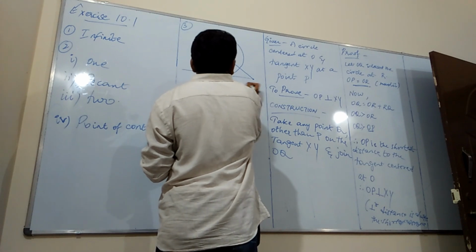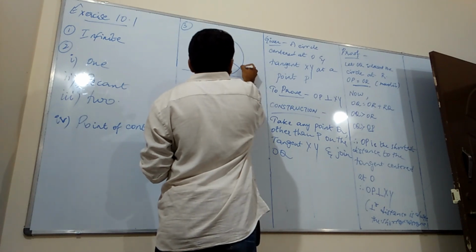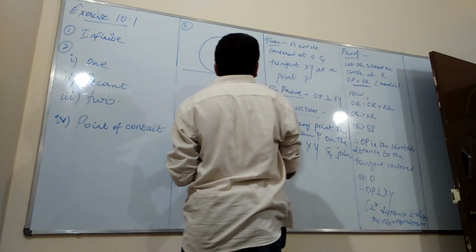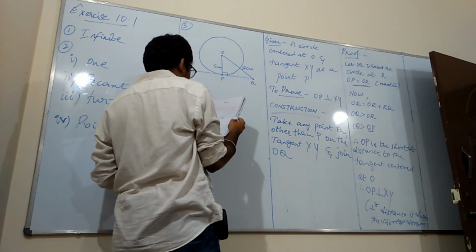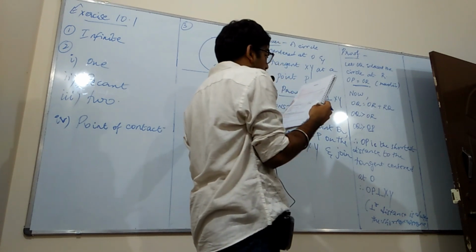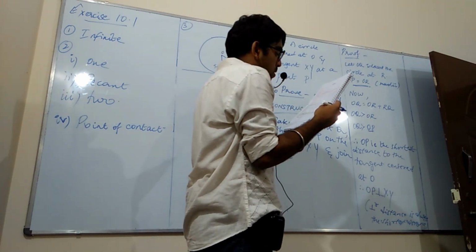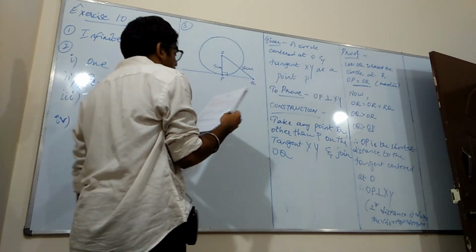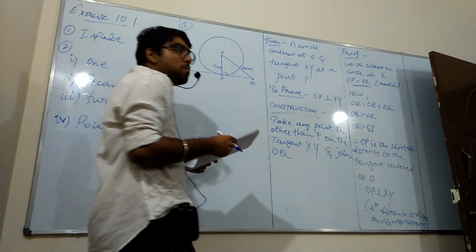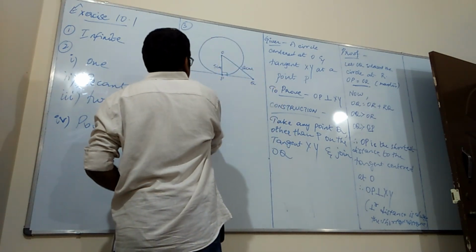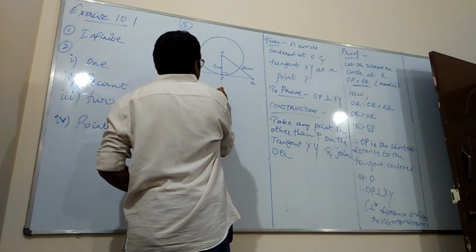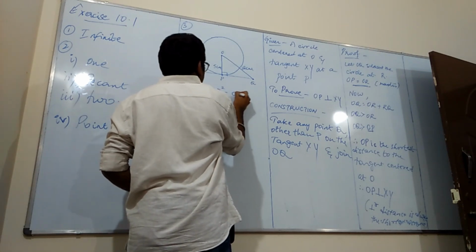They have given this as P, this as Q, and they have given the hypotenuse as 12 centimeters. Hypotenuse is greater. So PQ square is equal to OQ square minus OB square.